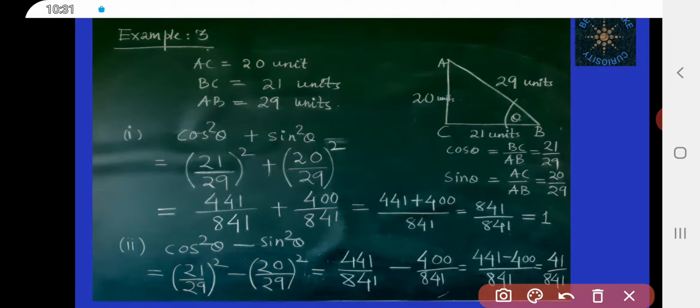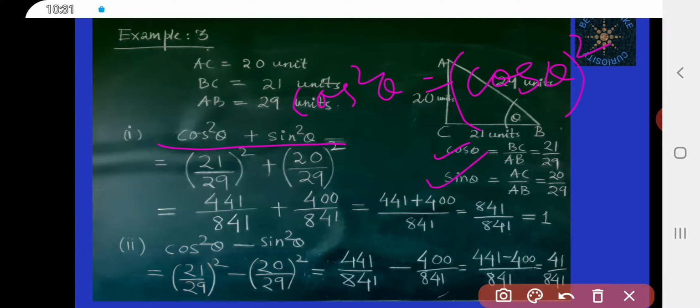Now you put in cos theta and sin theta. Here you know that cos square theta is equal to cos theta whole square.